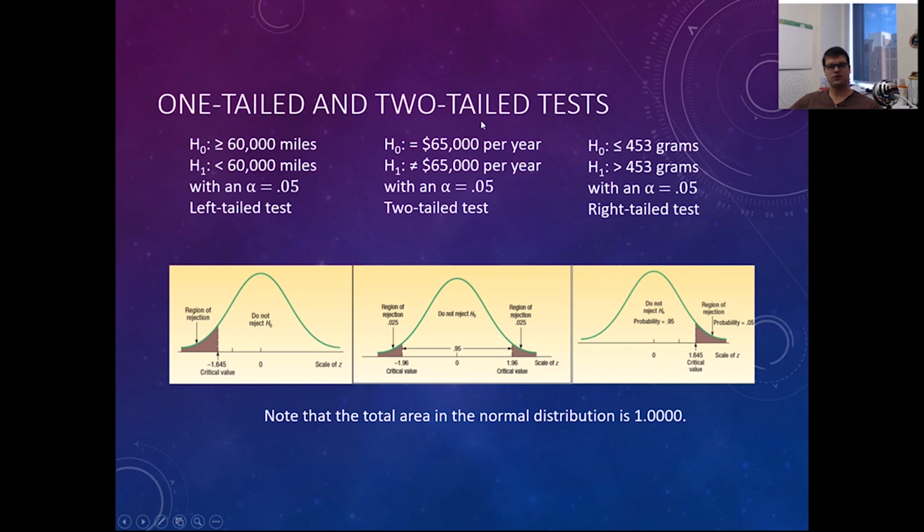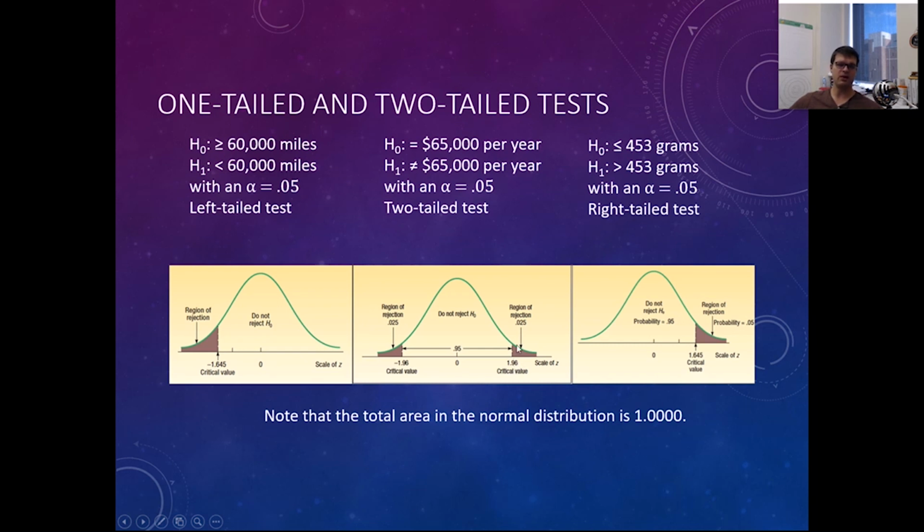Okay, here we've got a two-tailed test, and the reason why we know that is it does not indicate a direction. The null hypothesis is that mu, or the new sample, is equal to 65,000 per year. The alternative hypothesis is that the new sample is not equal to 65,000 per year with an alpha of 0.05. And so you see something similar to the 95% confidence interval with critical values at negative 1.96 and 1.96.